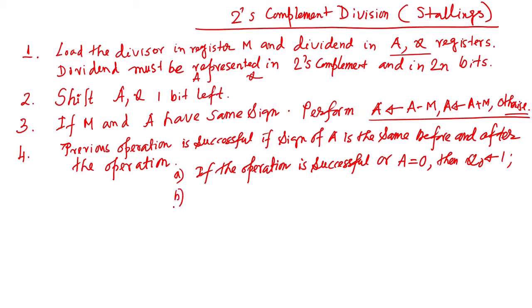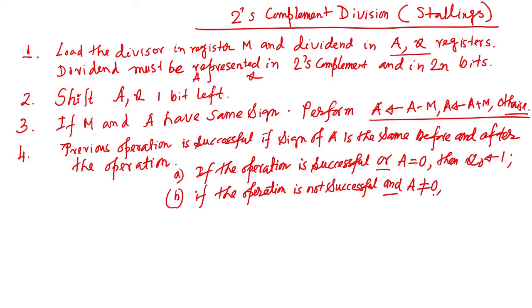If the operation is not successful, and n is not equal to 0, then Q0 will be 0 and restore the previous value of A.